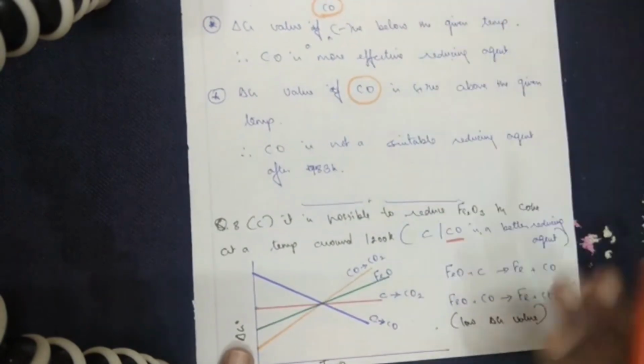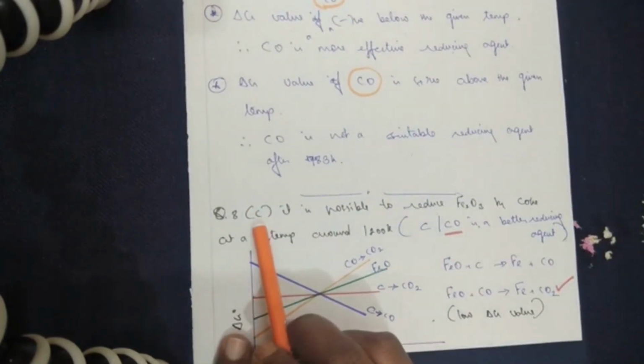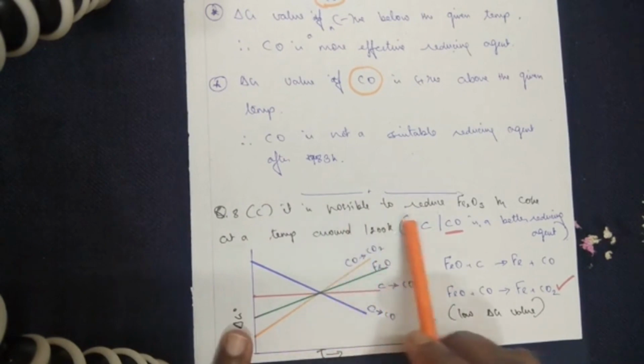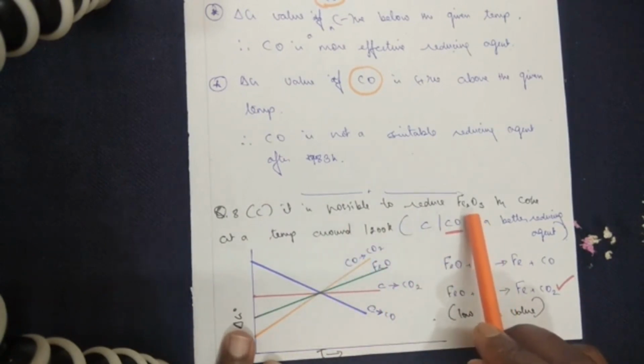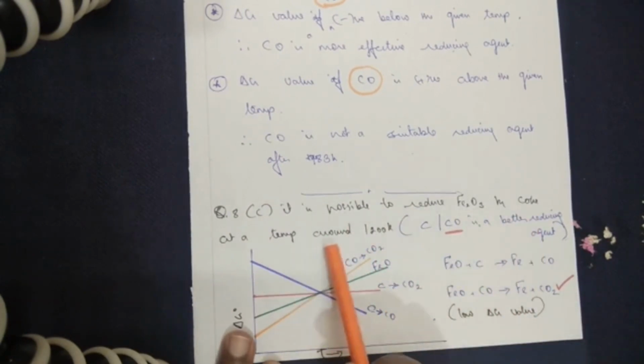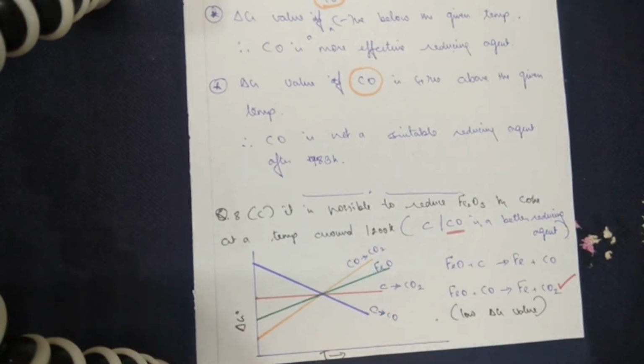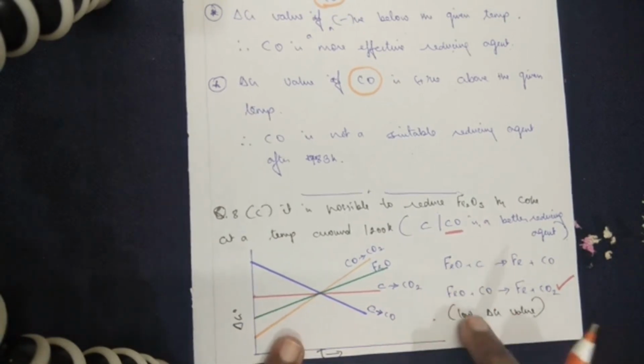Now, under question number 8, you have a C section question. Is it possible to reduce iron oxide by coke at a temperature around 1200 Kelvin? If you remember, under extraction of iron, the reducing agent we have selected is carbon monoxide.